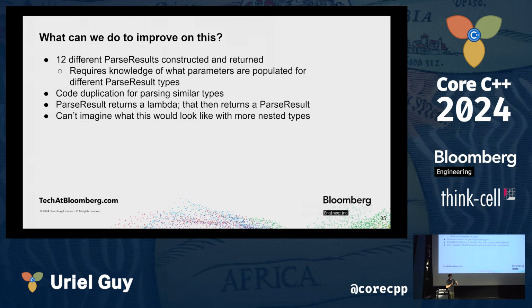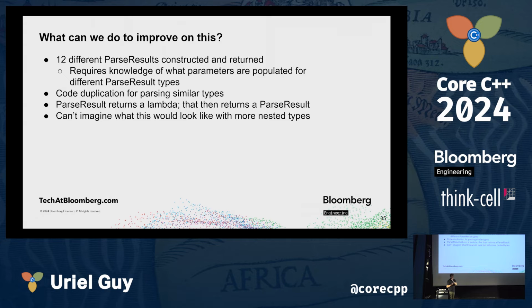We have duplication, because if we parse strings, it looks very similar. The only thing that changes is where to save the result, but you do the same things over and over. And you have a parse result that returns a lambda, where in the lambda, you return another parse result.